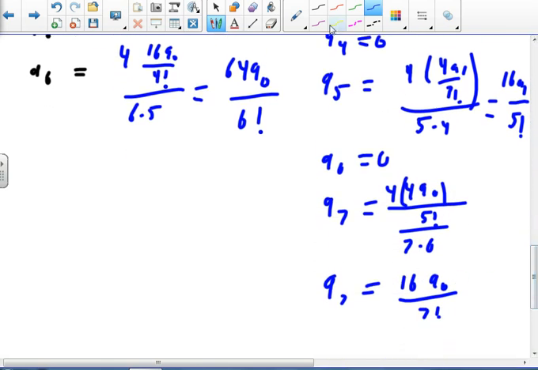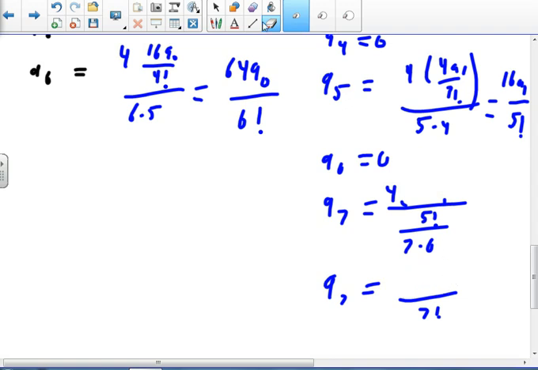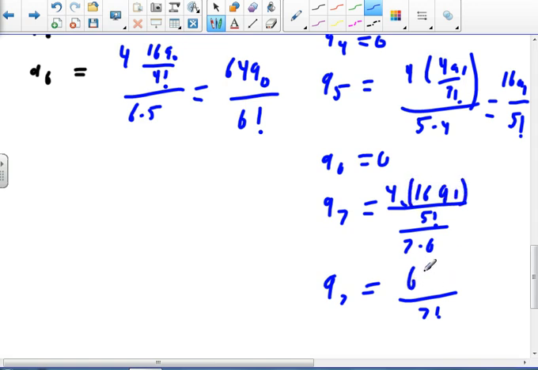And this is going to be 16a1, so this is going to be 64a1.